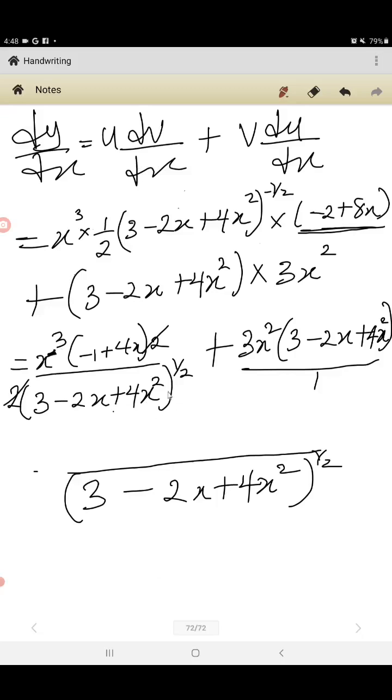So to now remain 1 times this, making x raised to power 3 minus 1 plus 4x.